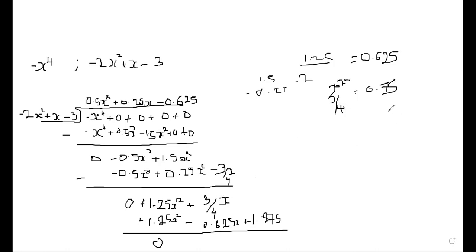So this is 0.75 minus 0.625. I just have my 0.750 minus 0.625. This guy here gives us a 5.